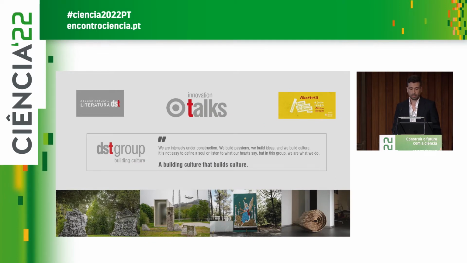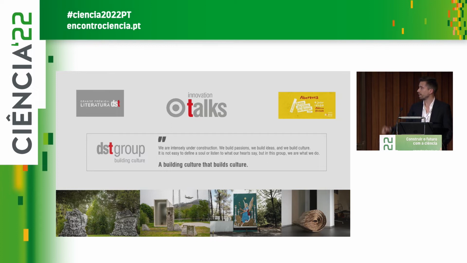So, at ST, we have a big investment in culture. As you can see in these pictures below, we have a lot of pieces of art and installations across our campus. In fact, we have more than 1,000 pieces of art on our campus. I can tell you that each and every room in the company has at least a piece of art, a painting or something like that, whether it's an office or a meeting room.